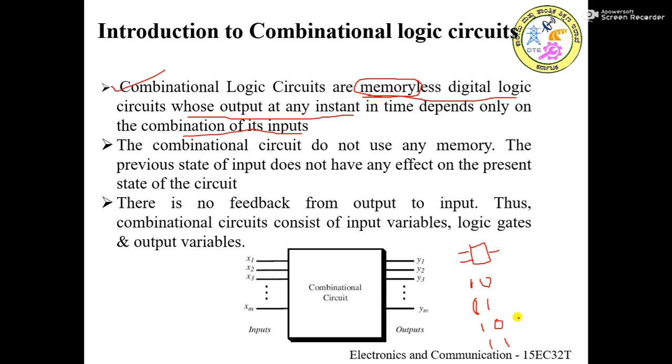As you already know, the AND gate output is 1 only when both the inputs are 1. So for the fourth combination of input, that is 1 1, I will be getting an output of 1. For the rest of the input combinations, I will be getting an output 0. These are the sequence of inputs: 0 0, 0 1, 1 0, and 1 1.